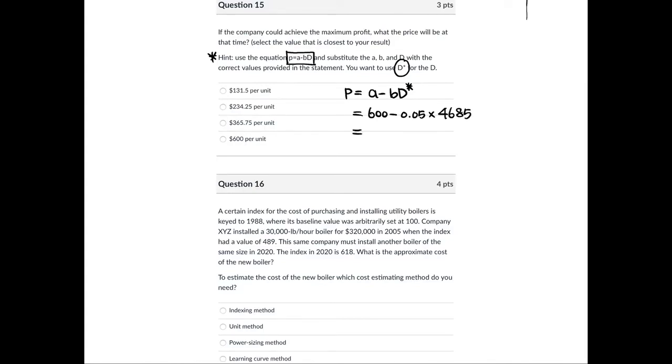So 46.85, okay, and then the answer for this is 365.75. So this is your answer.